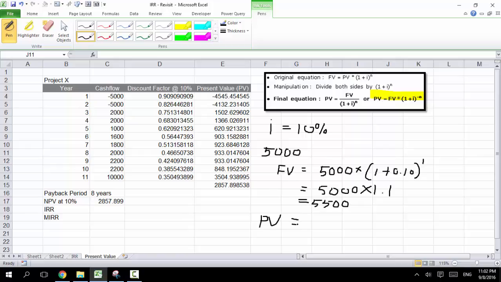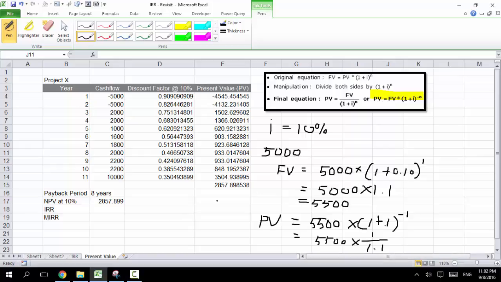So we got a future value of 5,500, and then times 1 plus 0.1 to the power of 1. So it's about this 5,500 times 1.1.